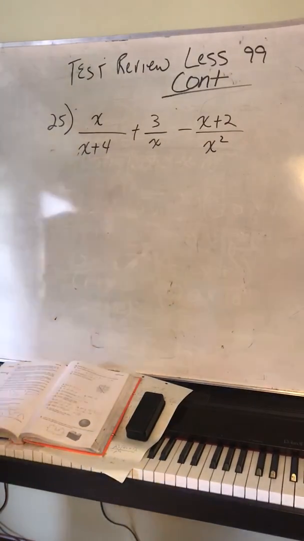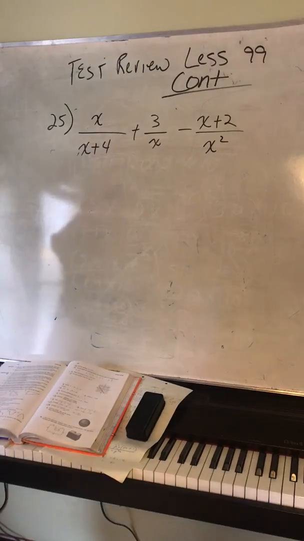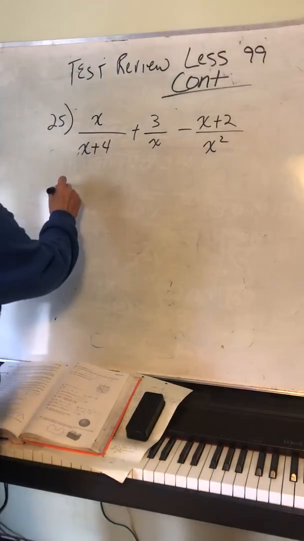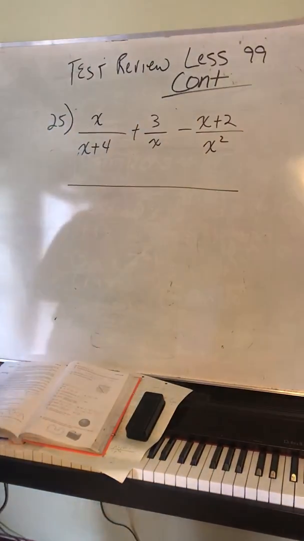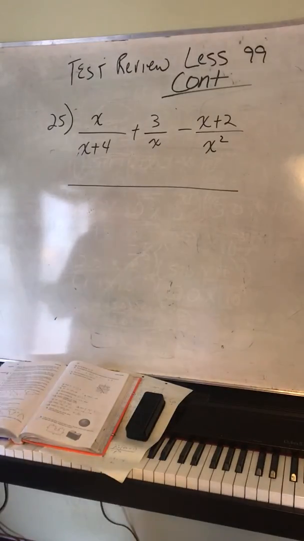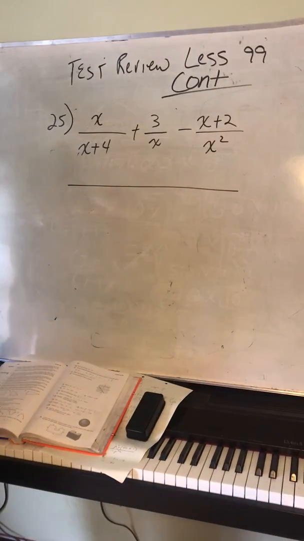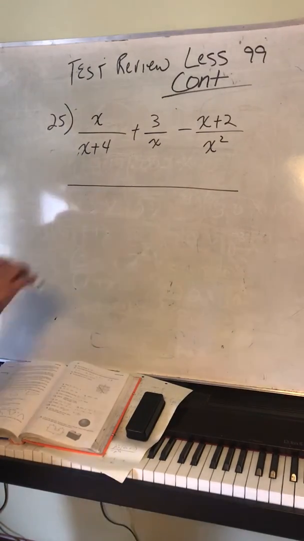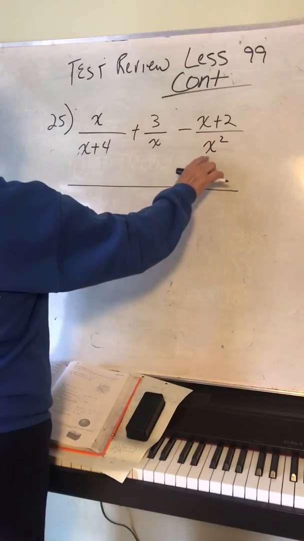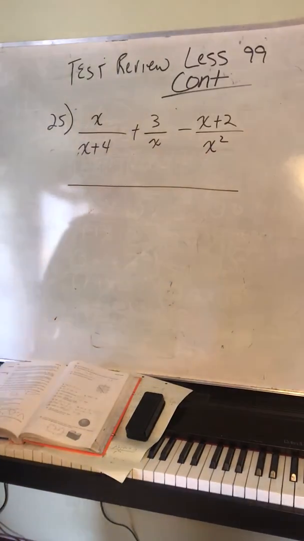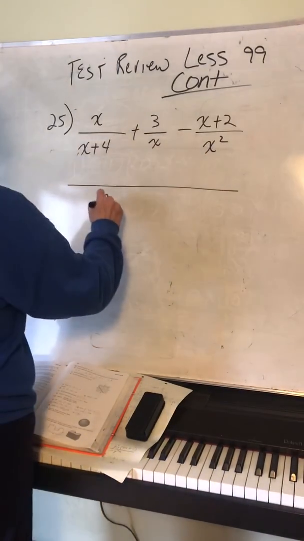So we are looking to change all the denominators to be alike. On 25, we need the denominator to be, okay, x is part of the x squared there, so all we need is x squared.